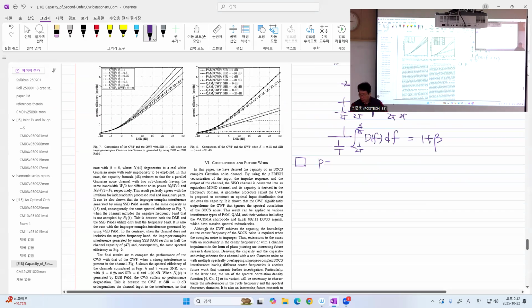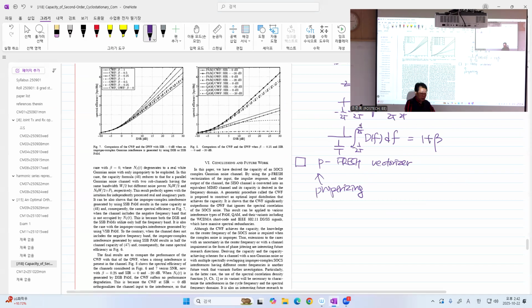So here we have properizing fresh vectorizer. By the way, I used the name of this transformer incorrectly even in the first take-home exam. I will modify that in the updated version, which will not be given to you.